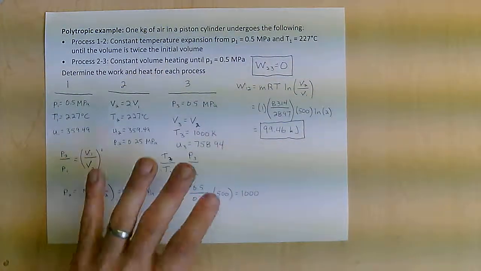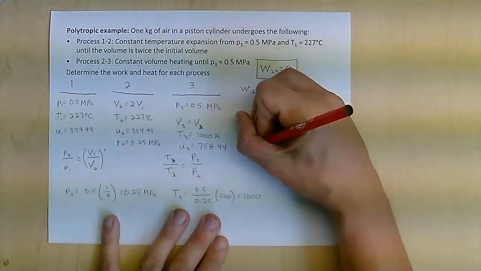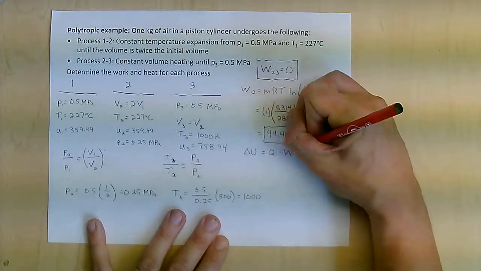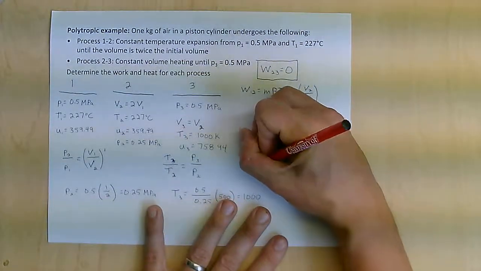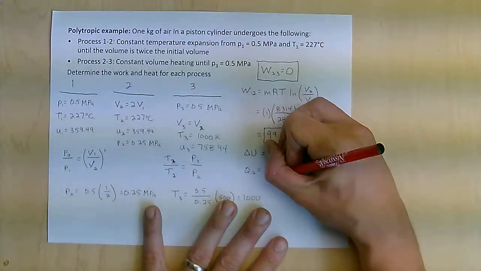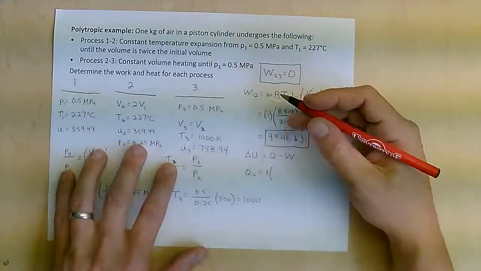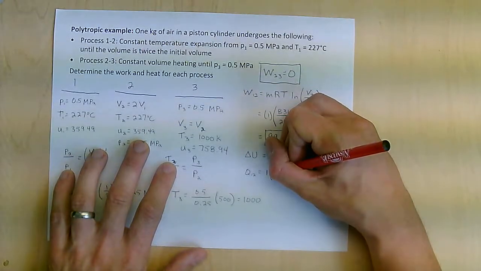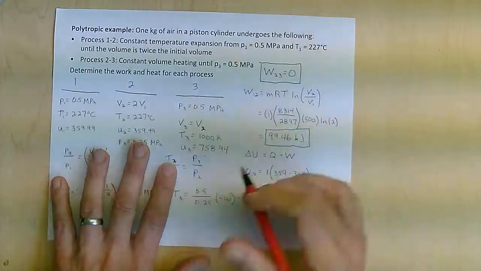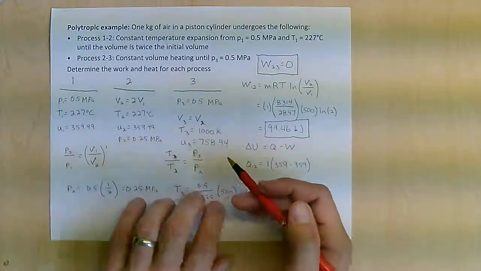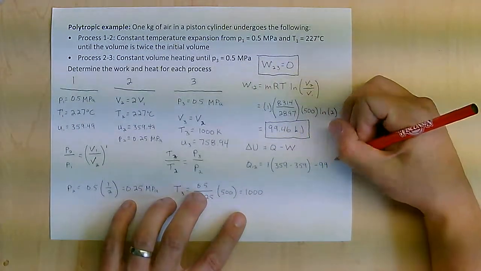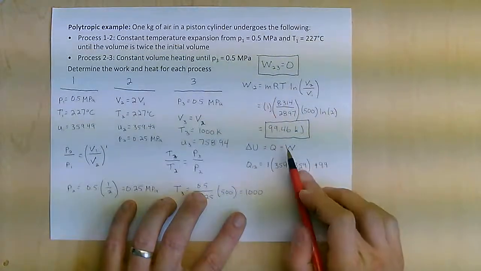Now that I have work and all my U values, I'm going to use my first law equation: delta U is Q minus W. That tells me Q1 to 2 equals 1 kilogram times delta U, which is 359 minus 359, because the U's are the same here, plus 99.46, because I'm bringing that to the other side.